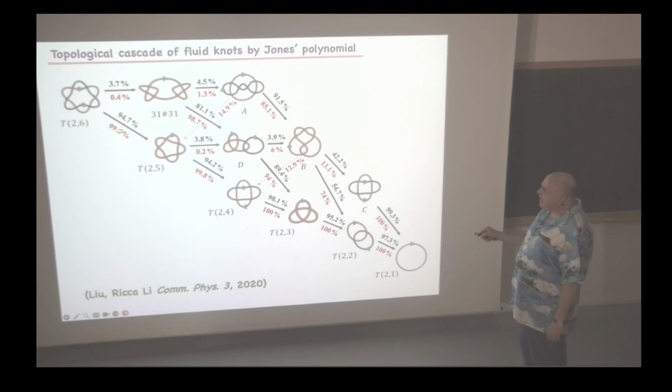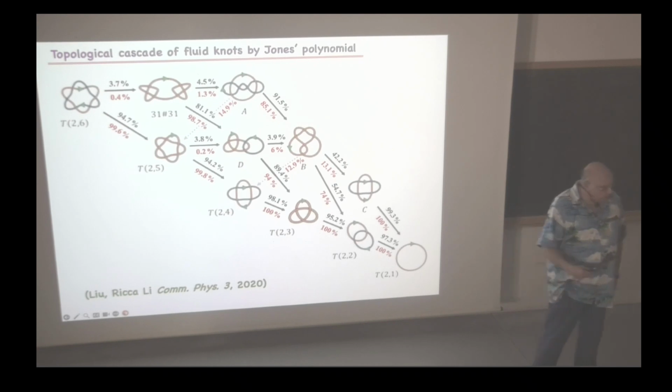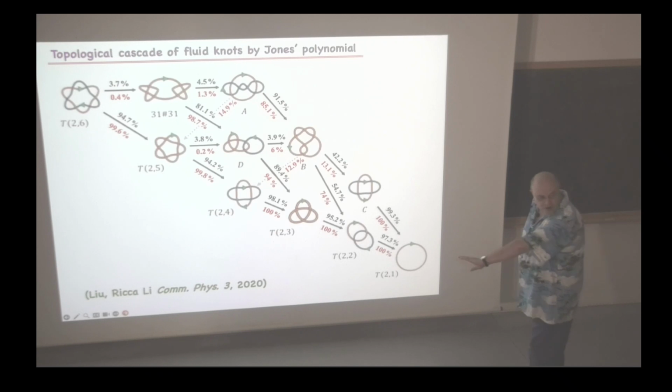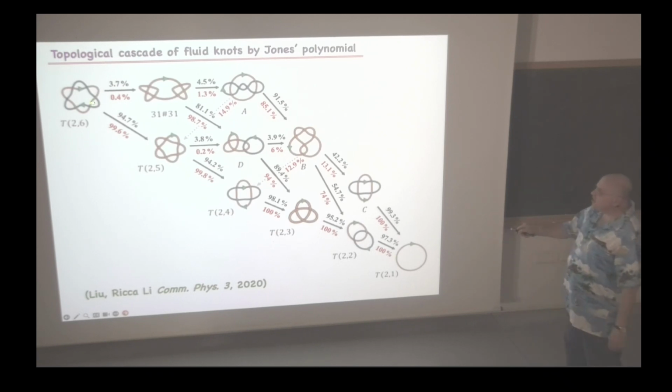Now, the red numbers are the probabilities computed on the basis of the polynomials we introduced. And you see, this is basically the path that you saw in the horizontal line before, the Q6, Q5, Q4, Q3, etc., and the probability is the highest.